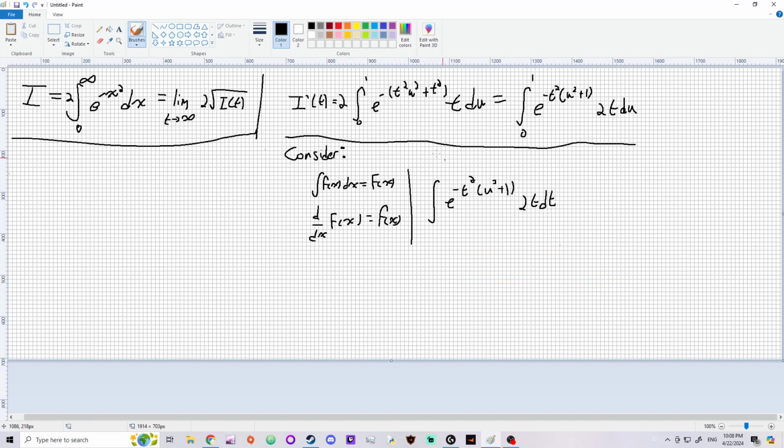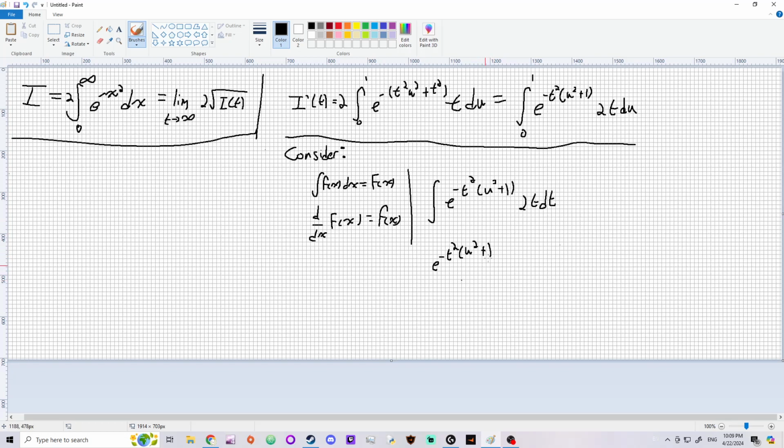So, some slight observing: the antiderivative of this, what would that be? Let's see. First of all, we know this is always going to be the same, e to the u squared plus 1. And yeah, I have to jump through a couple of hoops here.